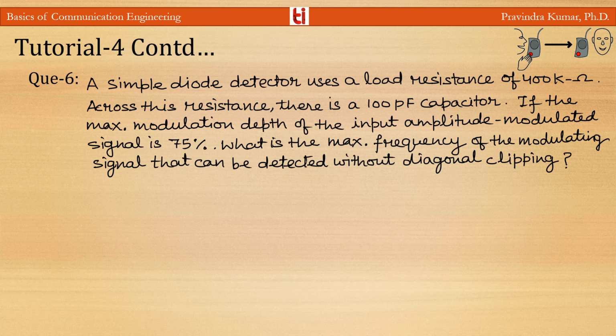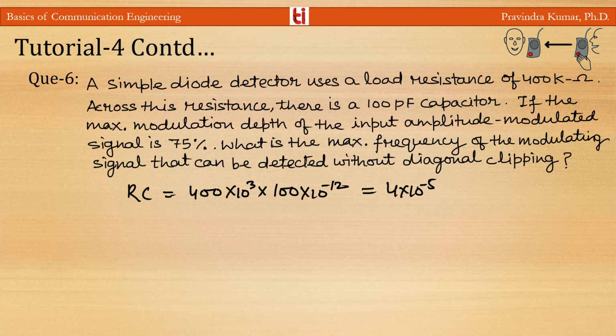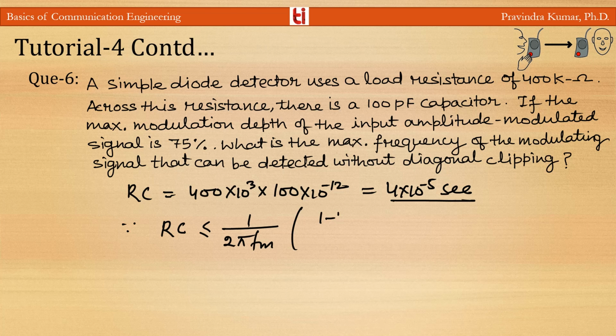So here the time constant RC is given. R is 400 kilo ohm and the capacitor is 400 picofarad, so it will be equal to 4 × 10^-5 seconds. This is the time constant. Without diagonal clipping, the time constant RC must be less than or equal to 1/(2π f_m) times the square root of (1 − m²), divided by m.